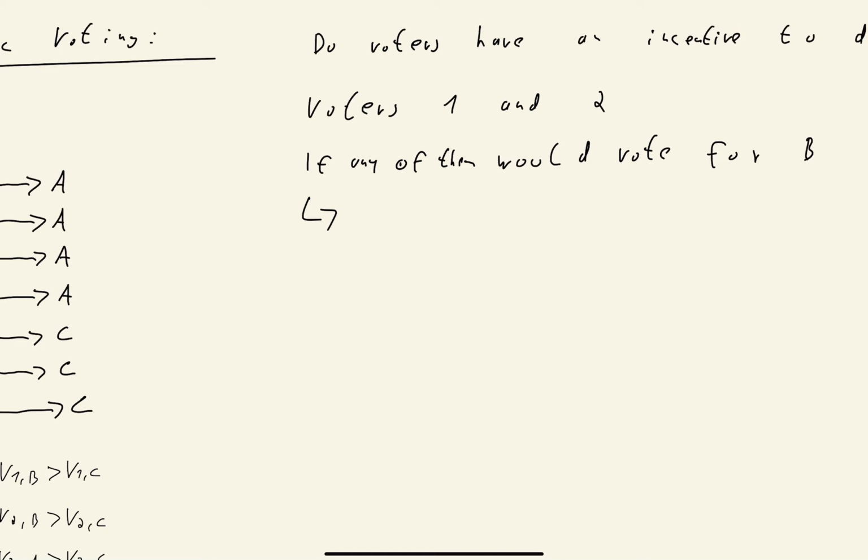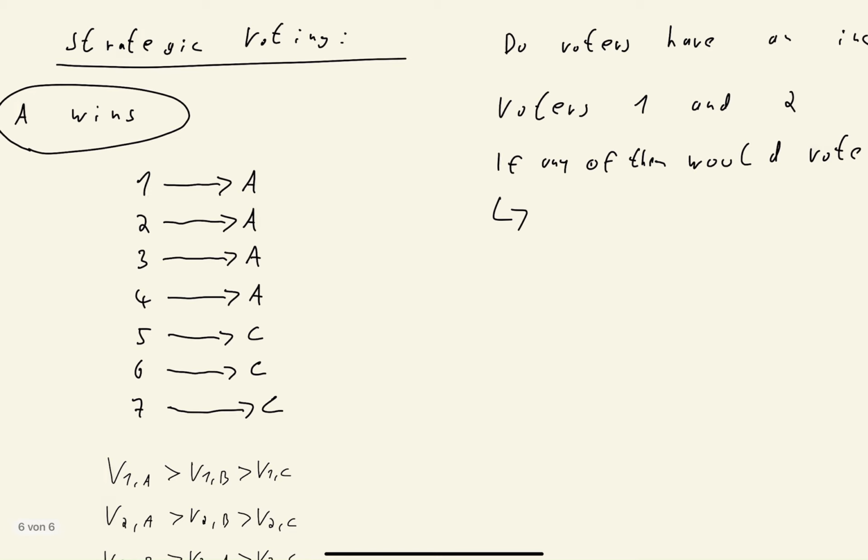They do not coordinate in voting for something, but they can only vote individually. So if any of voter 1 or 2 would vote for B, what would happen is that candidate A would have the same amount of votes as candidate C, because everybody else is exposing fixed behavior, and we're only changing the behavior of the individual that we're looking at.